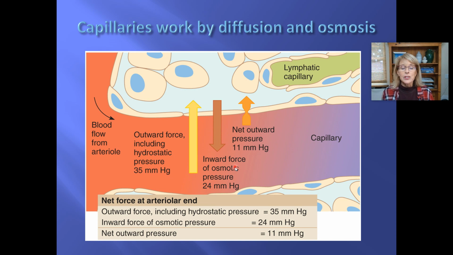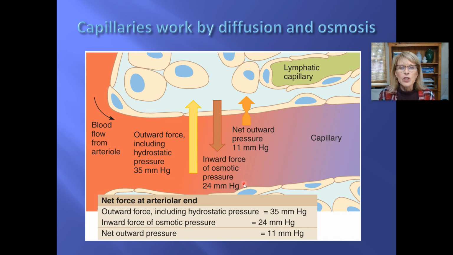Well, it happens that blood pressure at the beginning of a capillary bed is relatively high. It's significant. It's 35 millimeters of mercury. And at the end, it's very low. We'll get to that in a second. At the beginning, the osmotic pressure, the pressure that's saying, don't leave me, water, is being generated by the red blood cells that are in there and the platelets, and a lot by albumin.